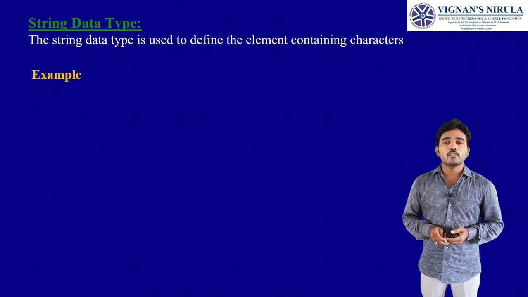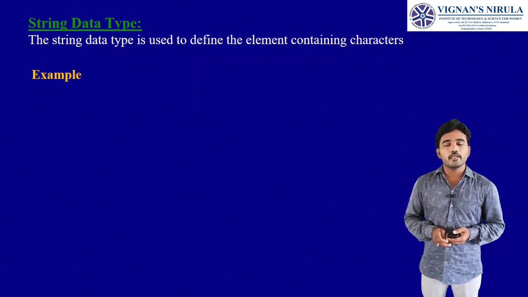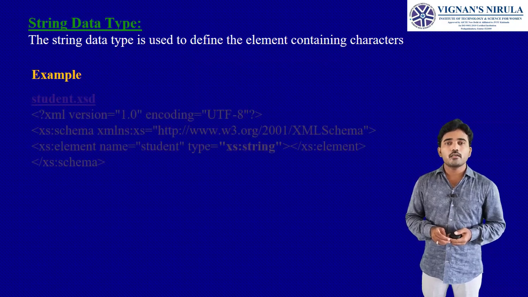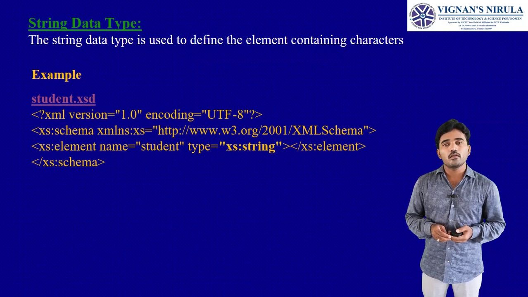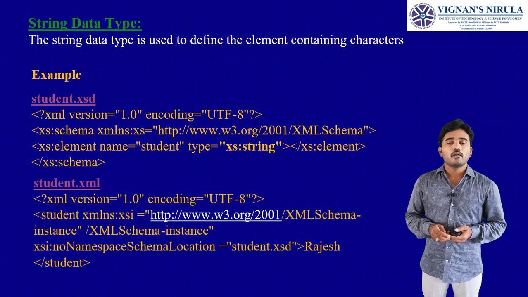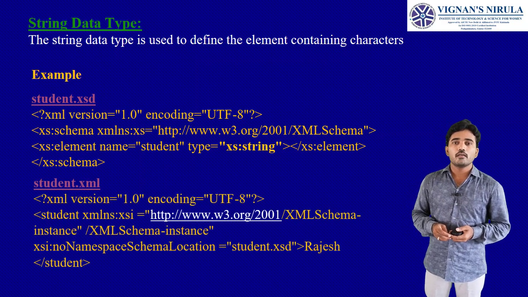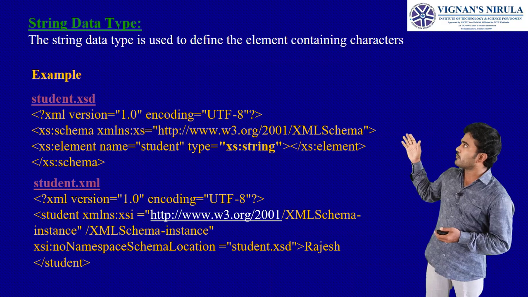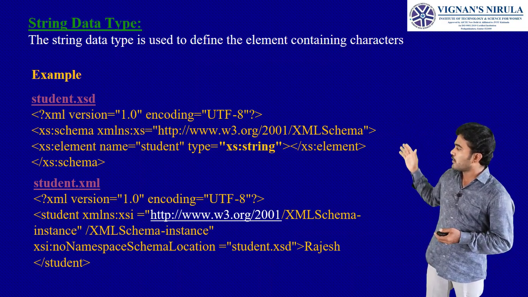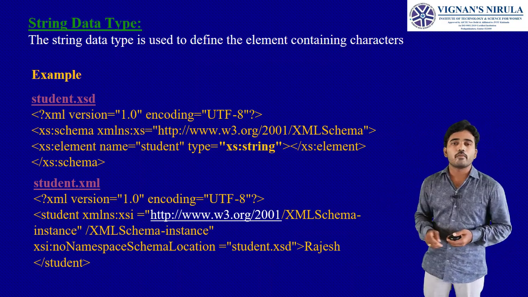The string data type is used to define an element containing a sequence of characters. So for writing this, first you need to write the XML document, and thereafter you need to write the XSD document. See here, I have written those two documents. The first one is the XSD document and the second one is the XML document.